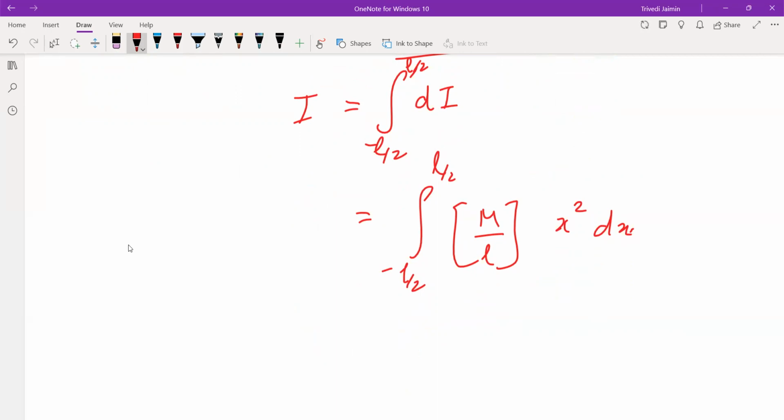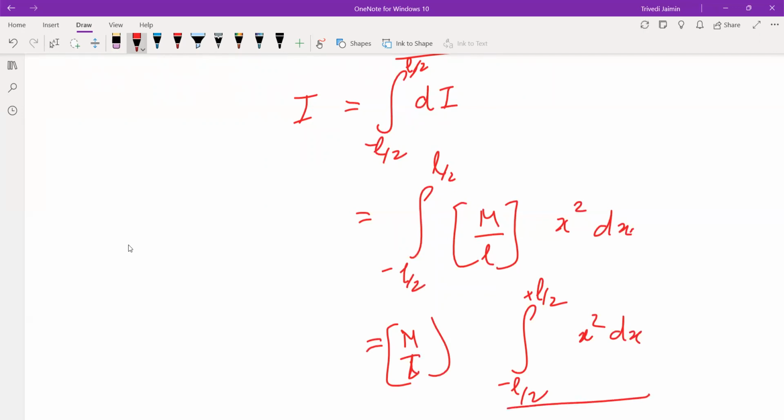Integration of x square, because M by L is constant, from minus L by 2 to plus L by 2.